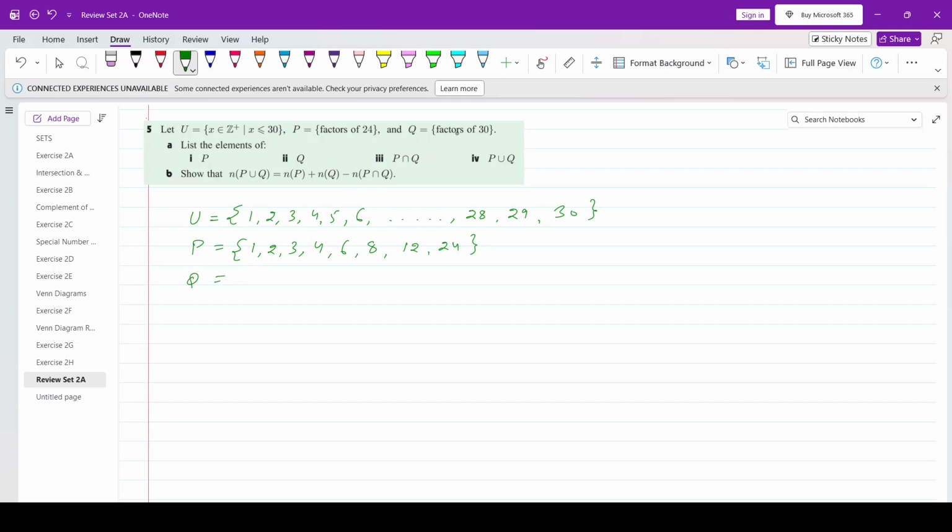Q is a set containing the factors of 30: 1, 2, 3, 5, 6, 10, 15, and 30.